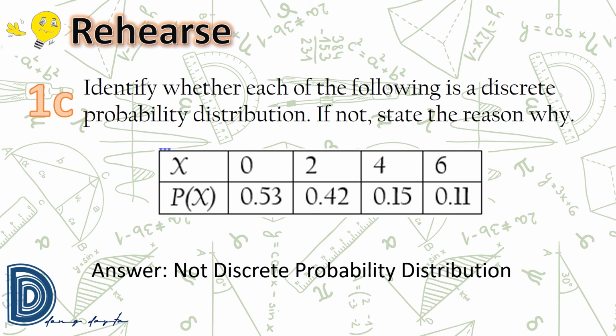Why? Because the sum of all the probabilities is greater than 1. Let us see. 0.53 plus 0.42 is 0.95, plus 0.15, that is 1.10, plus 0.11, that is 1.21. So it exceeds 1. Therefore, this is not a discrete probability distribution.